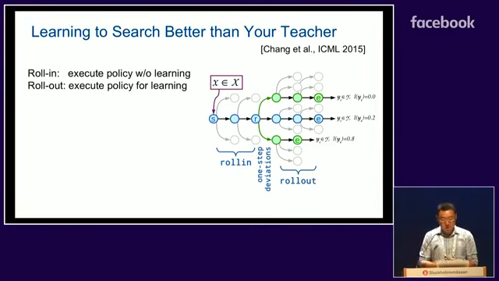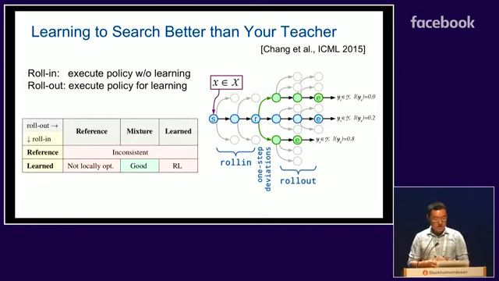So here, it's again a sequential decision-making problem in the search space. We roll in from a policy until some time step, and then we look at all possible one-step deviations of the state that we end up in after the roll-in, and then we roll out using some other policy to collect reward. What this paper analyzed was different combinations of roll-in and roll-out.